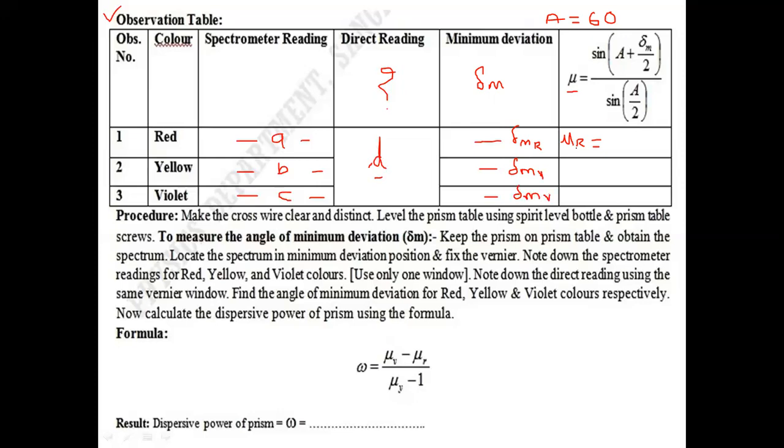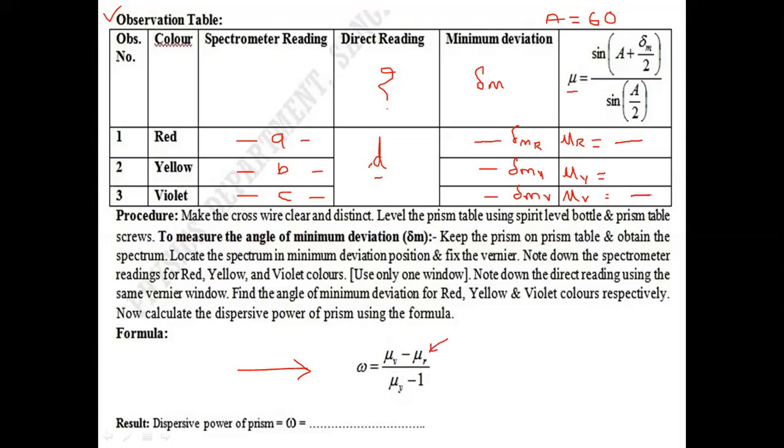So after calculation, this is the refractive index for red color, then the next one is the refractive index for yellow color, and the last one is the refractive index for violet color. Now you will use the formula, that is omega is equal to mu v minus mu r divided by mu y minus 1. Here is mu r, substitute the value of mu r over here.